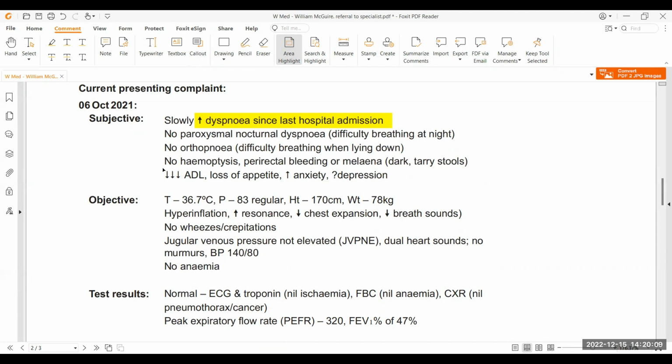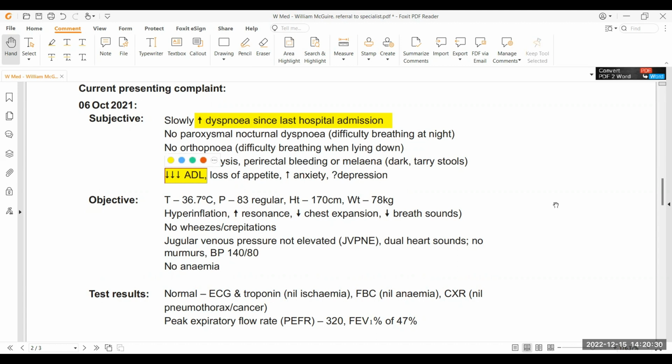Would that be relevant, doctor? If you're ranking it, would that be one of the most important pieces of information the respiratory specialist would want to know? The decreased ADL.